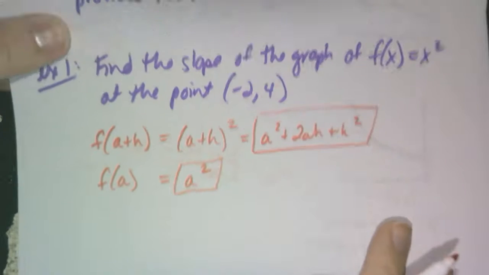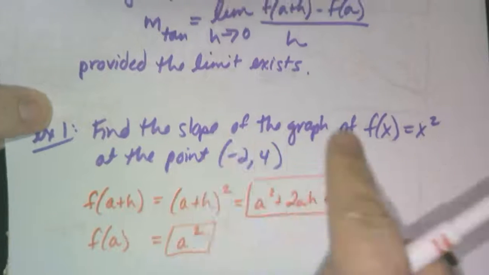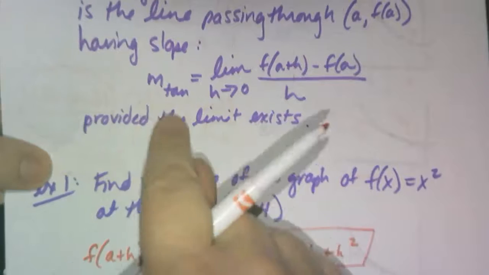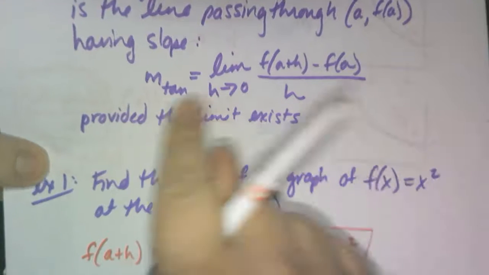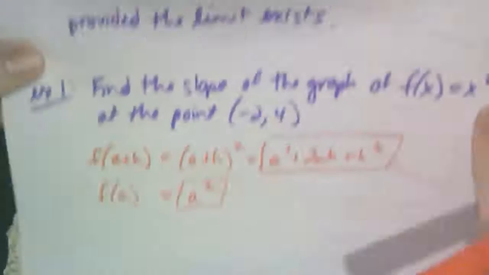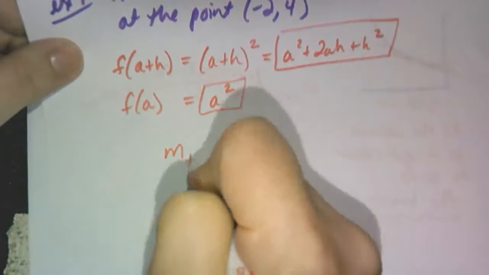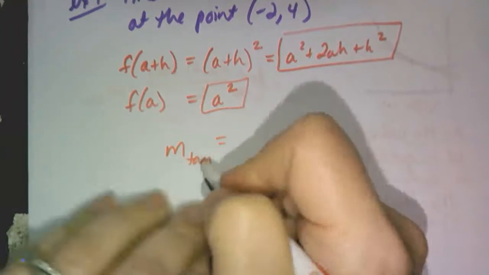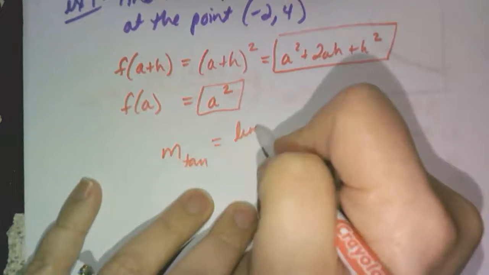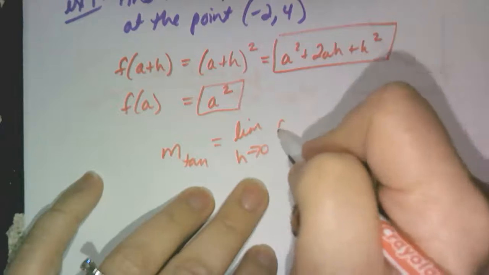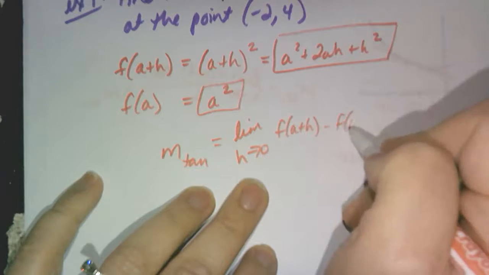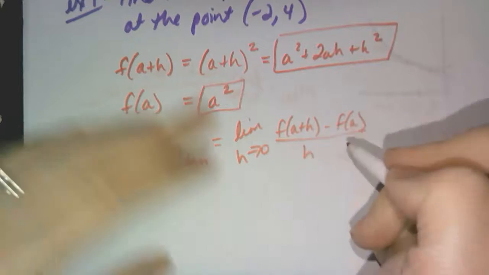Okay? So, define the slope of the graph having a slope of this. The tangent slope is the limit as h approaches 0 of f of A plus h minus f of A over h.